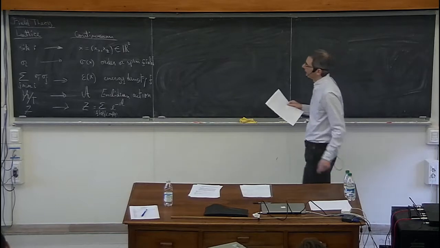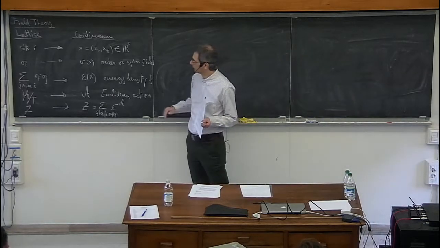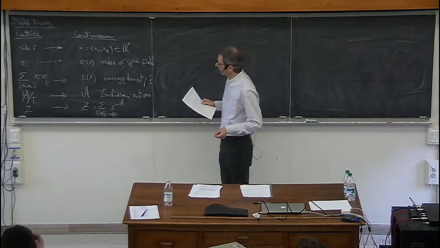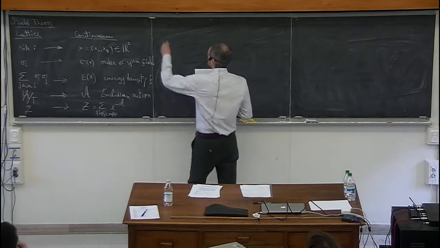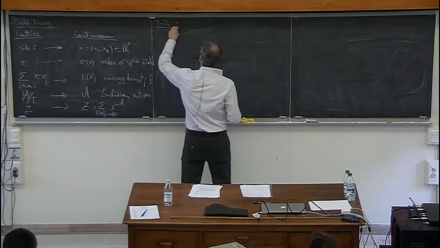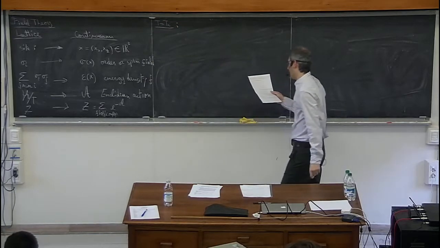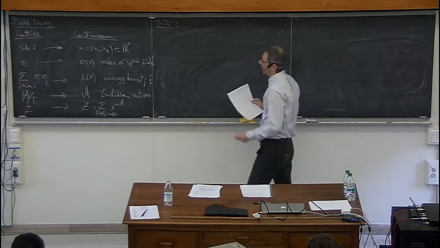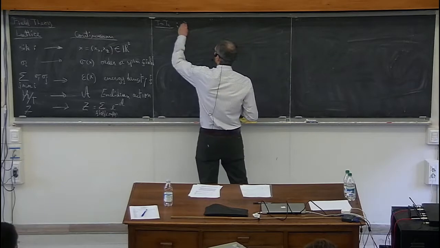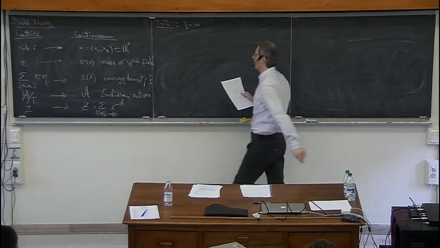Okay, now to continue, we start from the critical case. So we start first of all from Tc. At Tc, we are dealing with second order transitions, so the correlation length psi is infinite.